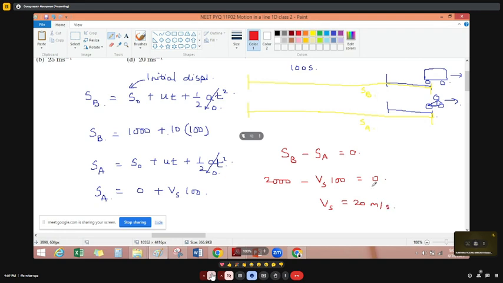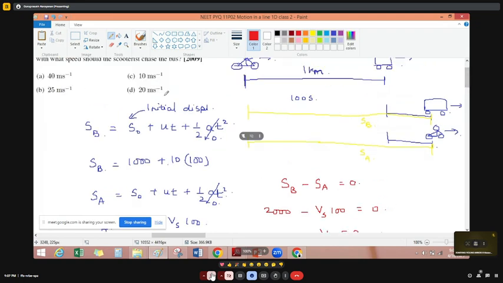So what this means is the scooter has to come at 20 meters per second. Only then can he catch the bus in 100 seconds. So it is a very easy problem, but you can do it only if you know the relative velocity and relative displacement concepts. Otherwise you cannot do it.